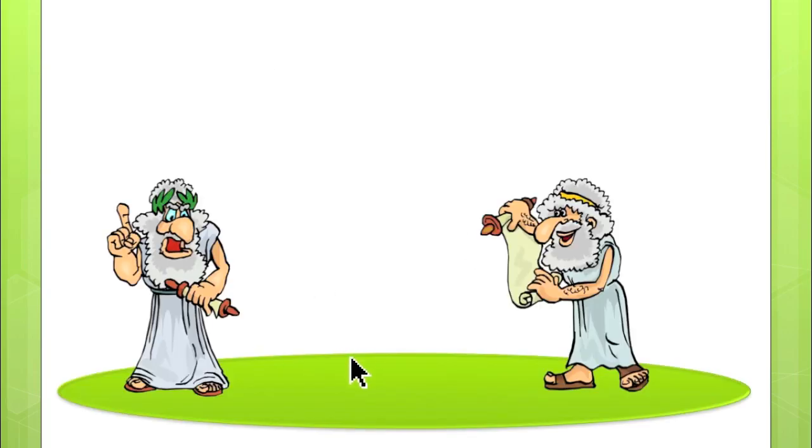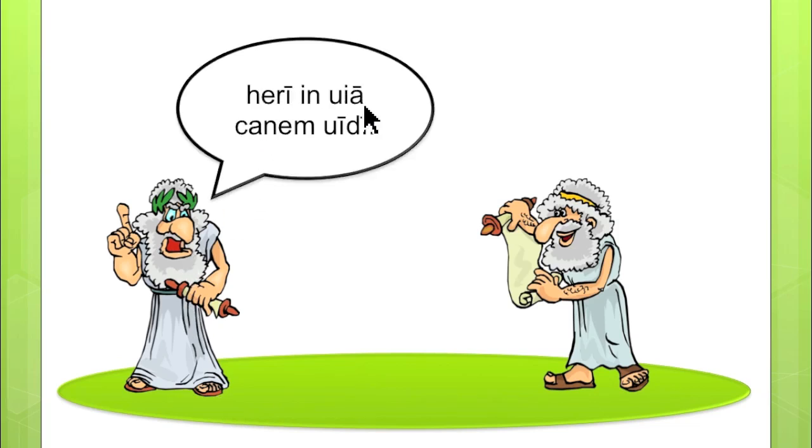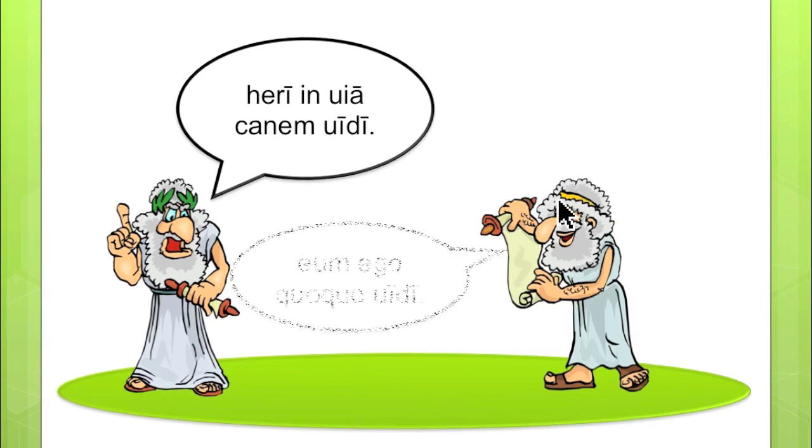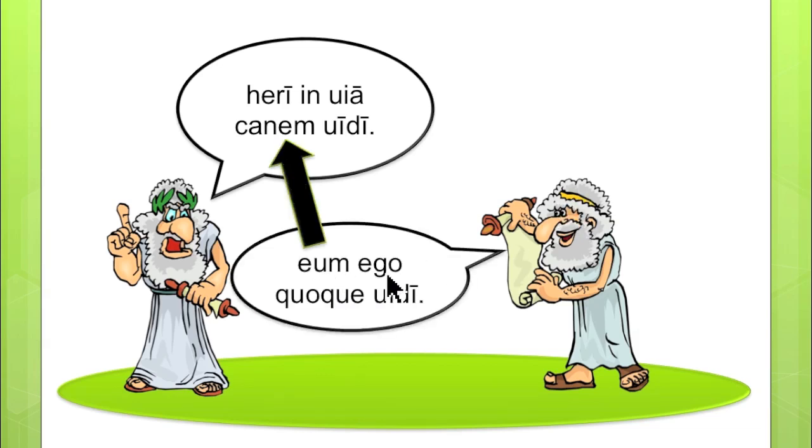Let's see how this works in practice. Here we have our cranky poet. Once again he says, heri in via canem vidi. Yesterday on the road I saw a dog. The kindly poet then responds, eum ego quoque vidi.